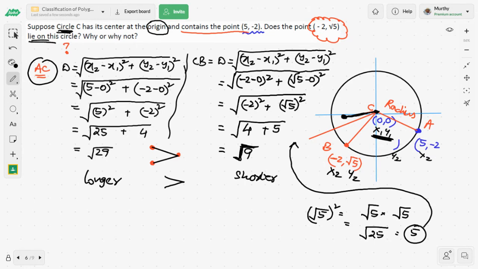So the question is, does it lie on the circle? The answer is no, it does not lie on the circle, because it is shorter than the radius. Any questions on this?